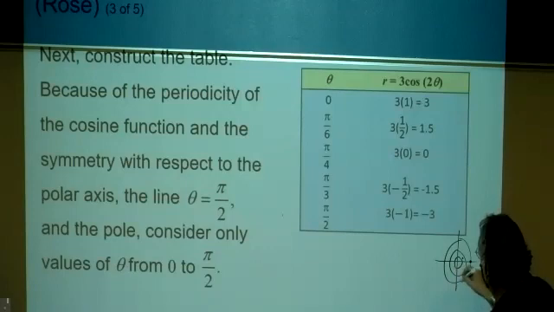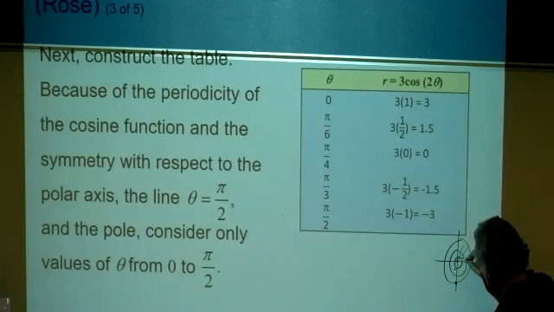And when it's at pi over 4, it's on the pole. And when it's at pi over 3, I do a -1.5. And when it's at pi over 2, I go down to -3.